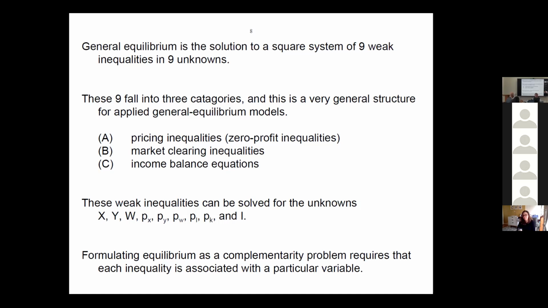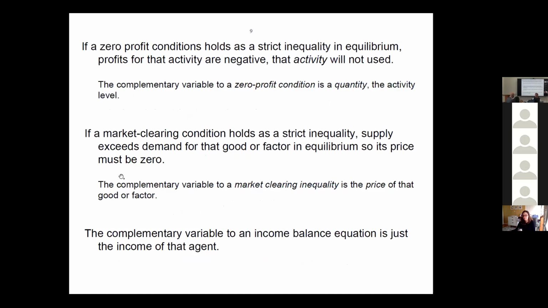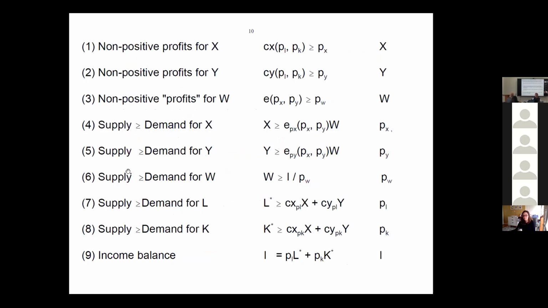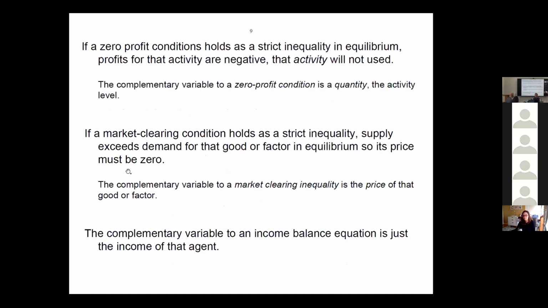For an economic equilibrium complementarity problem, each of these has to be associated with the correct variable. If you have a fully interior solution, sometimes you can get away with misspecifying which one is which, but it's not a good idea. This is just a quick repetition from this morning.